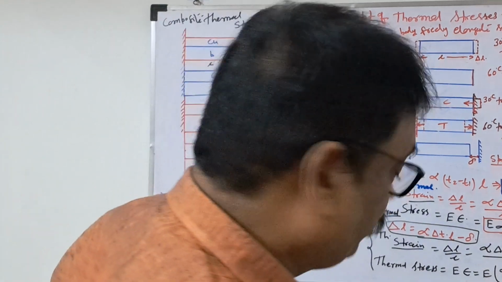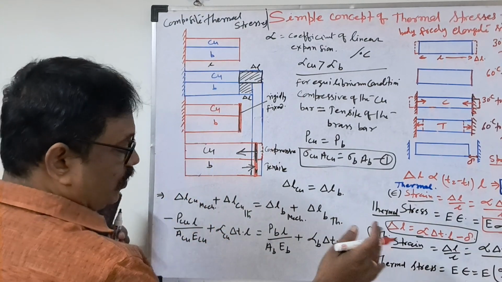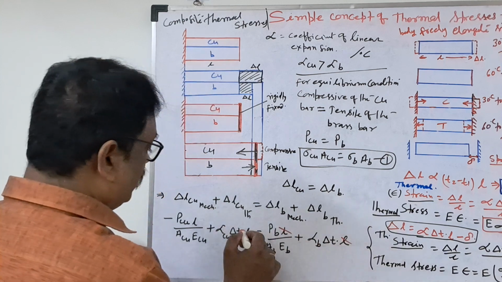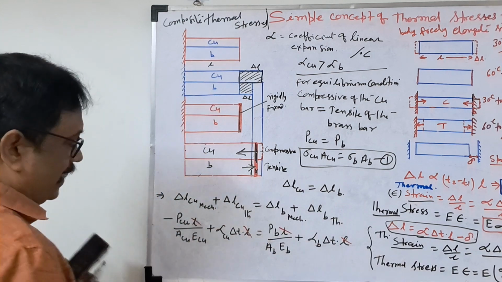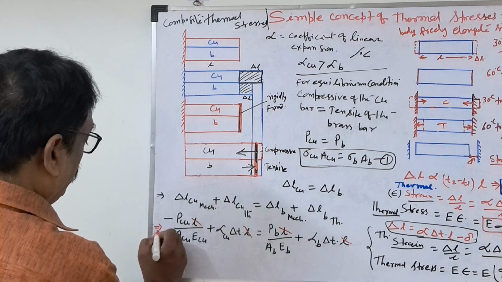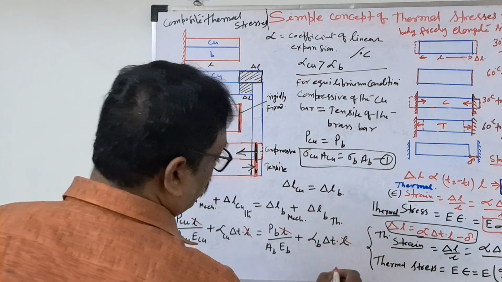Now you see here how we'll solve, or how we'll reduce the formula. This is the formula. Here also you can substitute, but something will reduce. L here, L there, both sides L, L gets cancelled. Now what will reduce here? P by A is called stress. What is stress equal to?